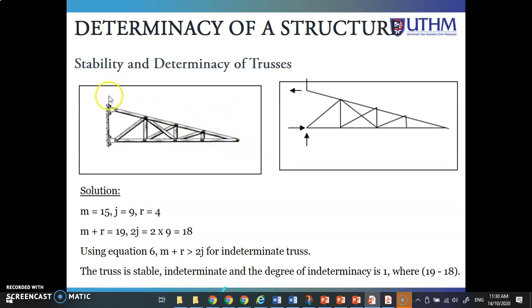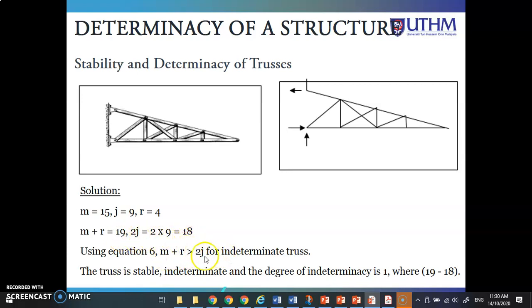Okay. Ini adalah bentuk truss. Yang ini actual truss. This one is the idealized truss. So sini R dia 2, R dia 2. So total R is 4. So kita substitute dalam equation. M plus R is 19. 2J is 18.